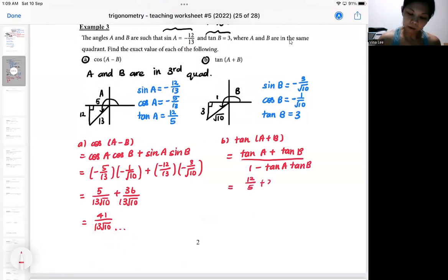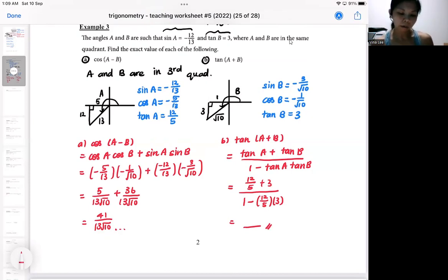In this case, this is quite easy. It's just punching calculator. There are no surds involved. If there are no surds involved, it's actually quite easy. You just need to punch calculator to get a value. If there are surds involved, then you might need to do your rationalization.